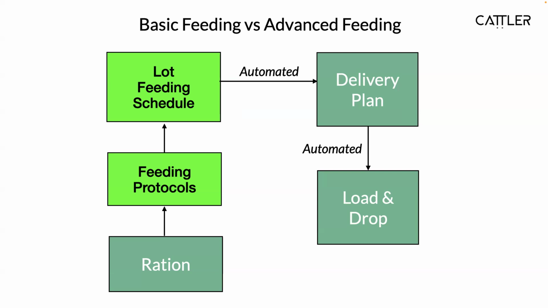And then Cutler with that automatically updates all the pens of every delivery, of every lot, for all the delivery plans, keeps track and follows every piece of that lot across the different pens, and reprograms automatically all the delivery plans. And then optionally, you can also automate the load and drop batching, like the creation and the update of every load and drop.